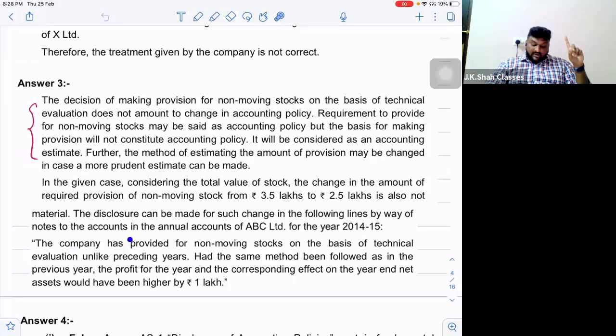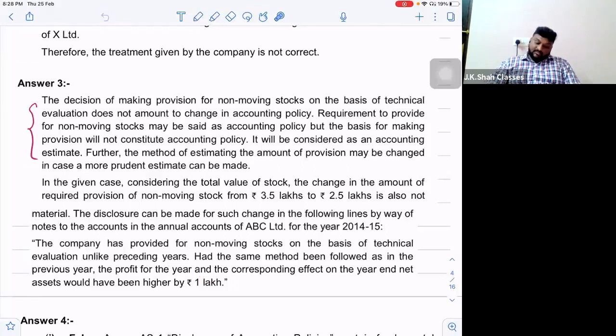The company has provided for non-moving stock on the basis of technical evaluation, unlike preceding years. So in the preceding years, you did it on the basis of no movement. And this year you decided to go for technical evaluation. Had the same method been followed as in the previous year, the profit for the year and the corresponding effect on the year-end net assets would have been higher by 1 lakh rupees.